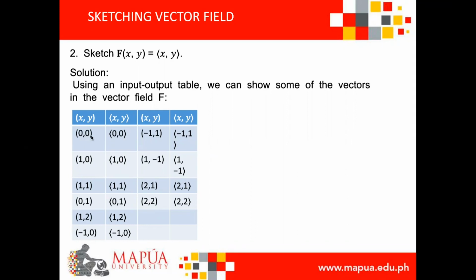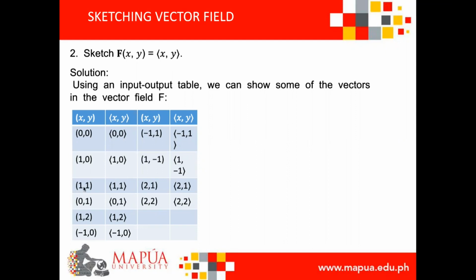So let's start with the origin. It is at the point 0, 0. So this will also have the components of your vector field now to be 0, 0. As you can see, we have here written as 0, 0. When we assign 1, 0 in your vector field, this will be in angle bracket form 1, 0 also, because you're going to assign x equals 1 and y equals 0.